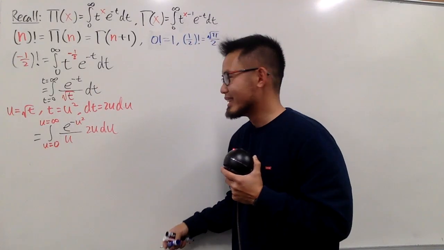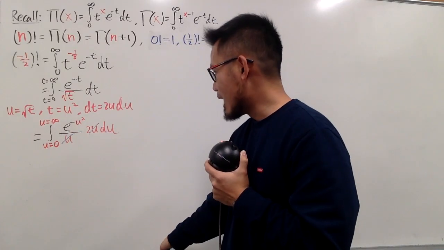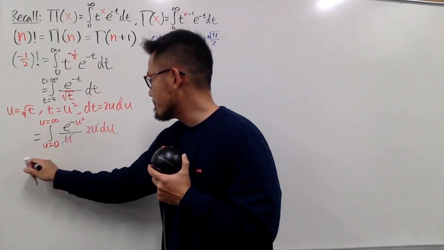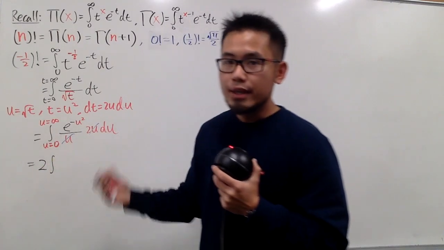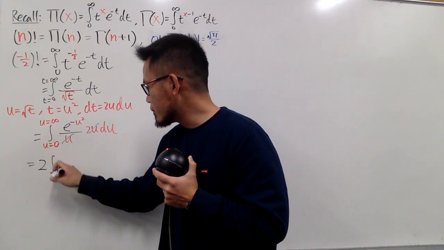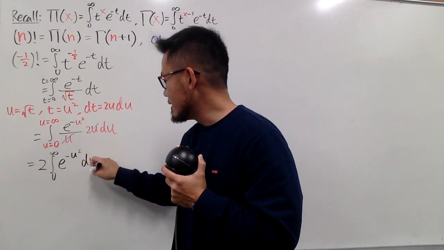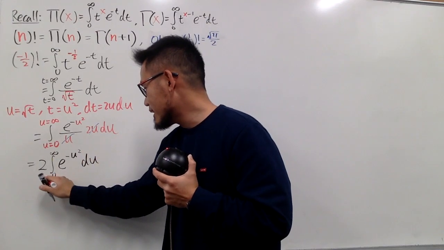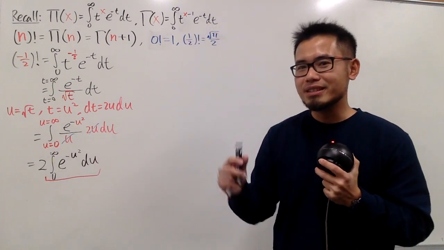And now what? Well, as we can see, the u cancelled each other out. And if you would like, we can put the 2 to the front. So we have 2, and that's the integral in the u world from 0 to infinity, and this is just e to the negative u squared du. And by now we should recognize this already, huh? This is just half of the Gaussian integral, right?